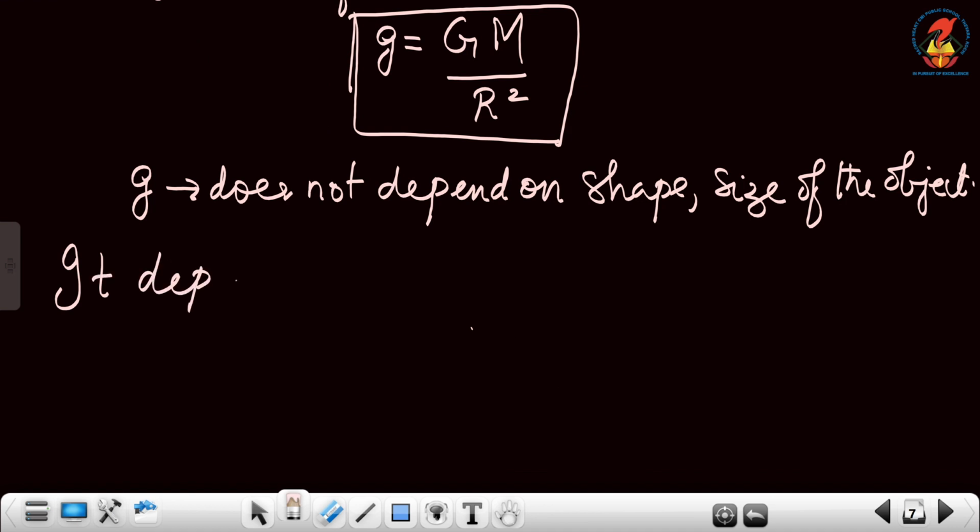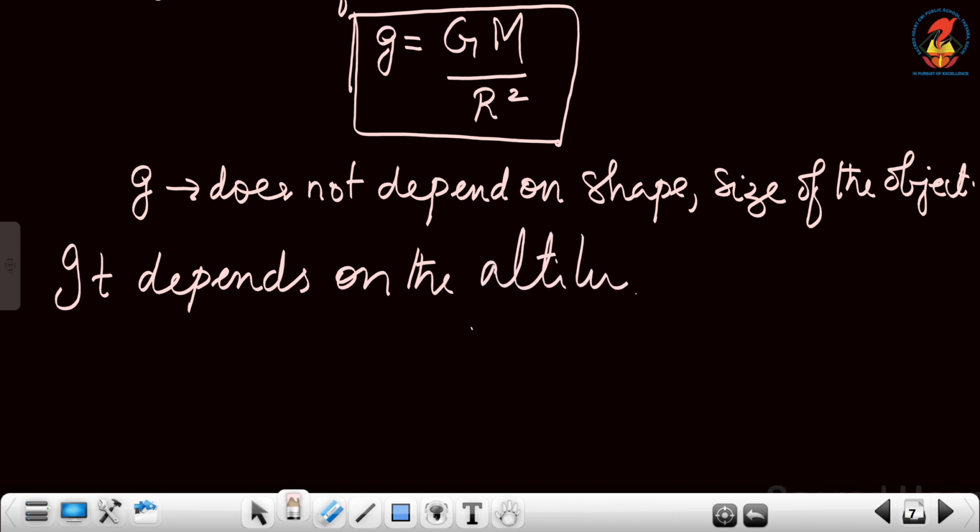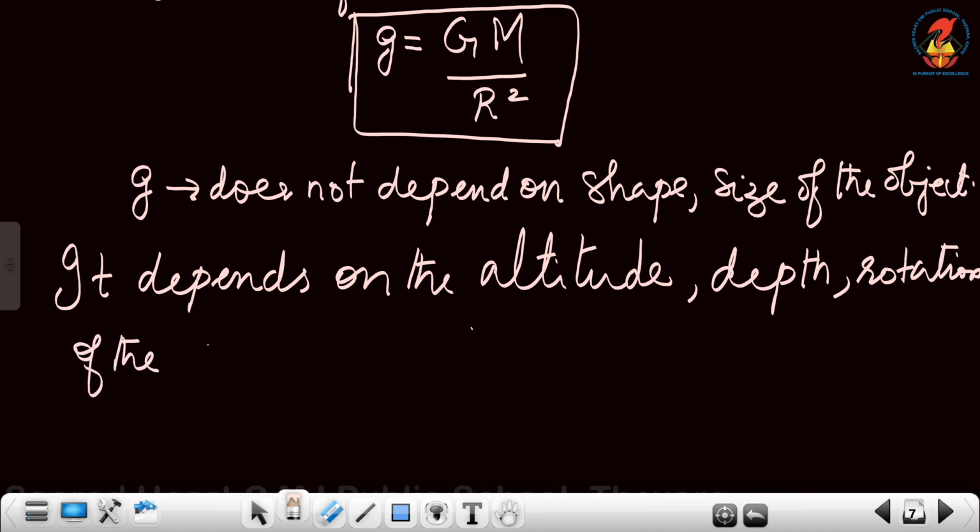It depends on the altitude, that is the height from the center of the Earth, depth, rotation of the Earth, and its shape.